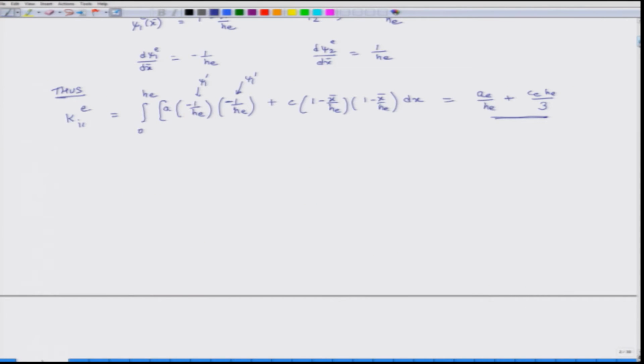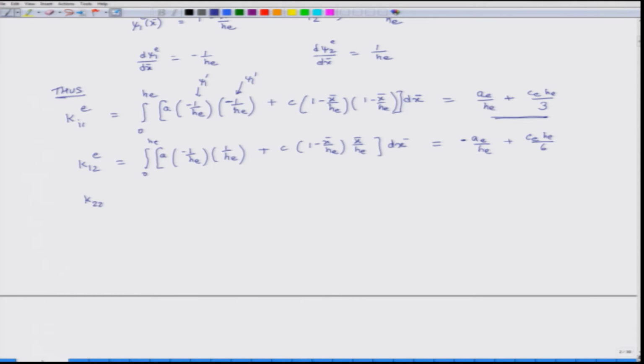Similarly, I get k 1 2 e. If I do the same process, my integrand is minus 1 over h e times 1 over h e, plus, so you have this is dx bar, plus c times 1 minus x bar over h e, and this will be x bar over h e dx bar, and this comes to minus a e over h e plus c e h e over 6, and there is a negative sign here on the first term.